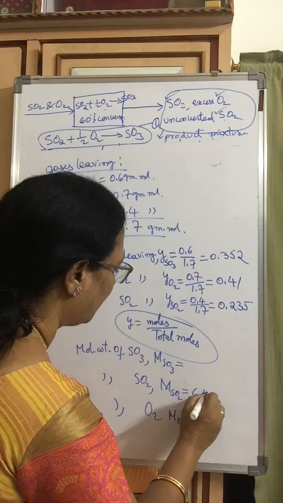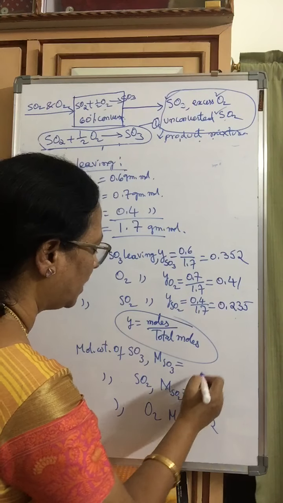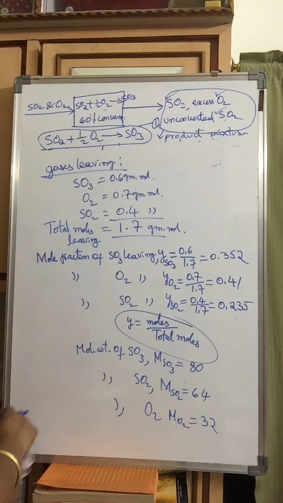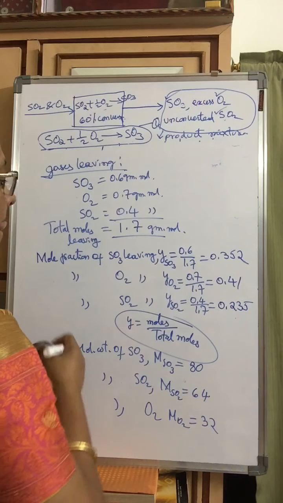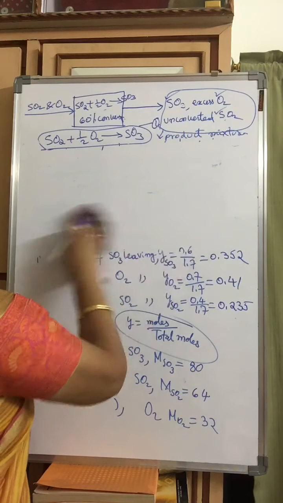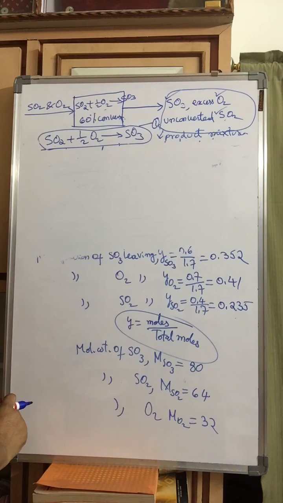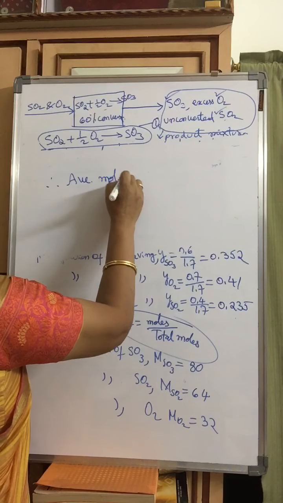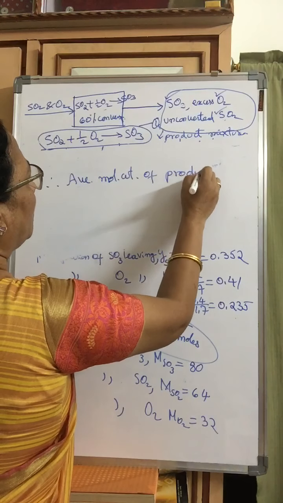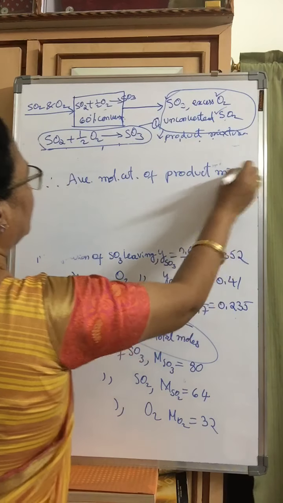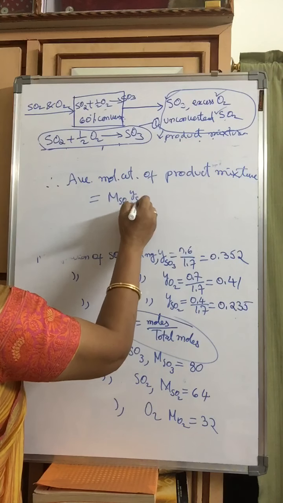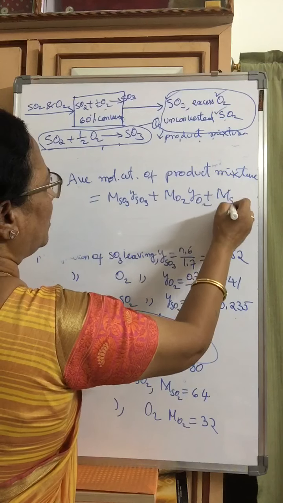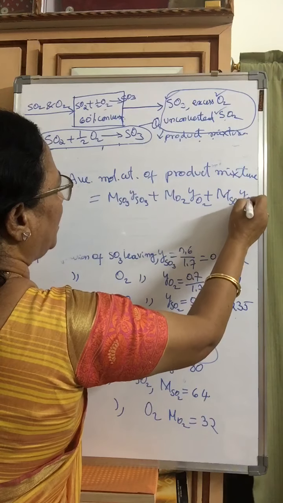Therefore the average molecular weight of the product mixture is equal to MSO3 YSO3 plus M oxygen Y oxygen plus MSO2 Y SO2.